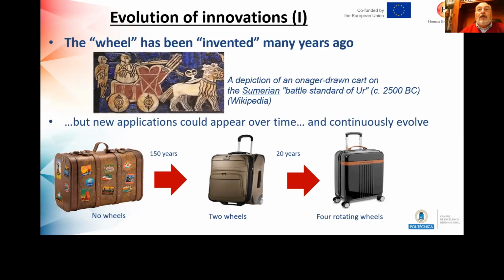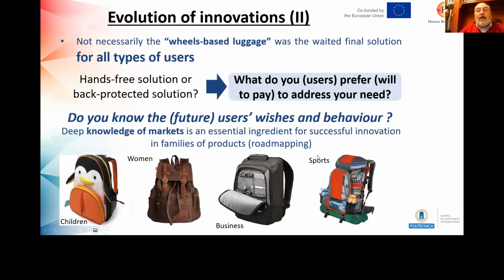Another thing is just the idea that even in the market there could be a discussion about whether the innovation is really useful for me or not. Here, even with young people, there are some discussions about 'I don't like any luggage at all, because there are also other solutions based on hands-free solutions, because I like to have my hands free to move freely.'